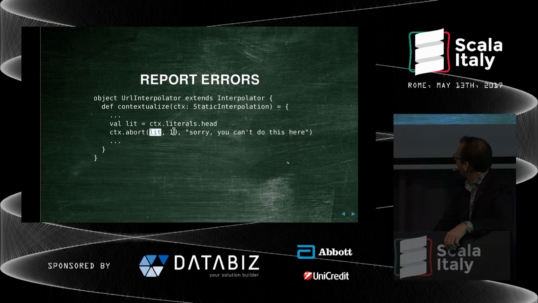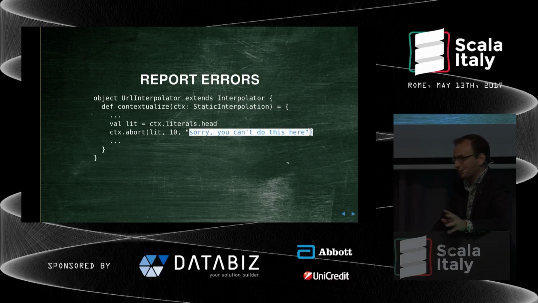We pass that in there. This integer here is the offset into that literal that we want the cursor in the compile error message to point at. So you can work out exactly which character your problem is occurring on and report that back to the user so they know as well. And then there's the custom error message that says, no, you can't do this, fix it, and then we'll try and compile again.